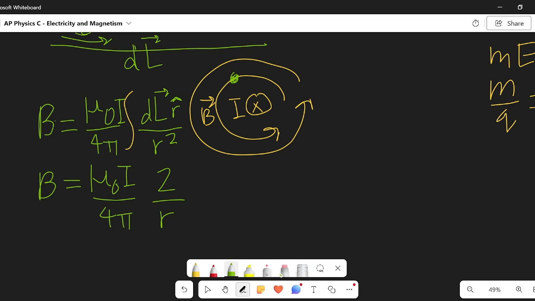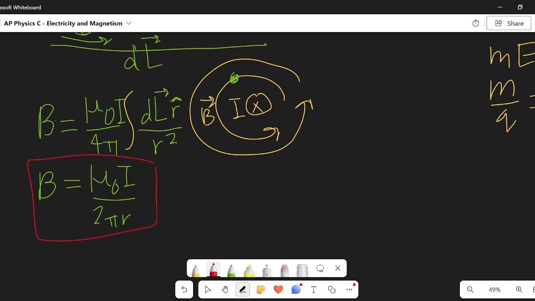If we simplify that, we get this formula, where the magnitude of the magnetic field is equal to mu naught multiplied by the current over 2 pi r.